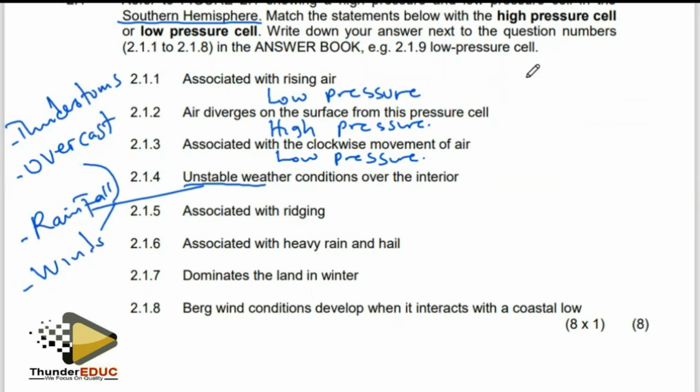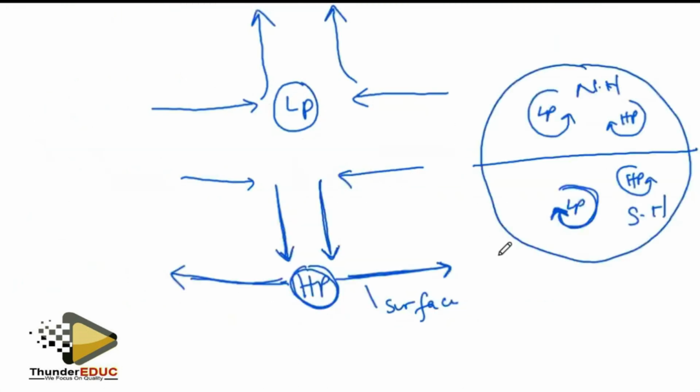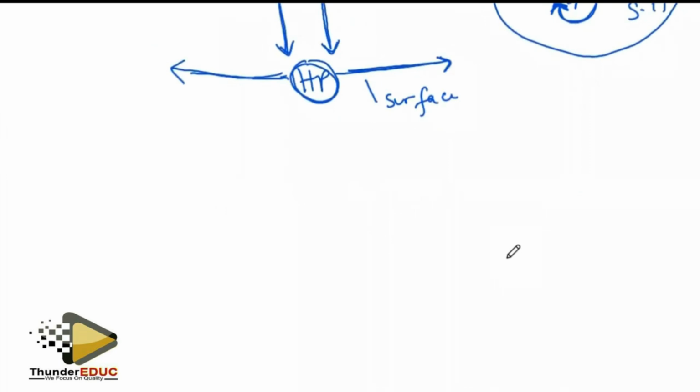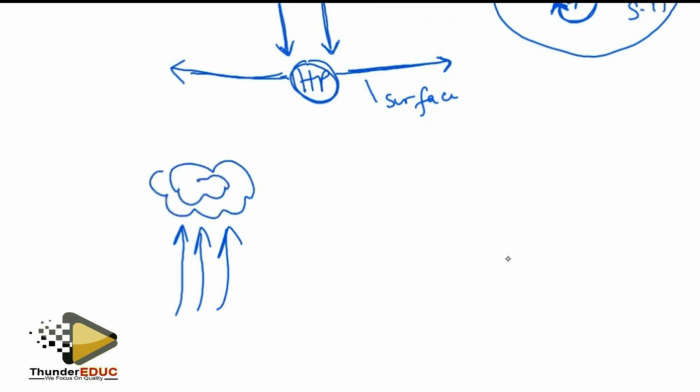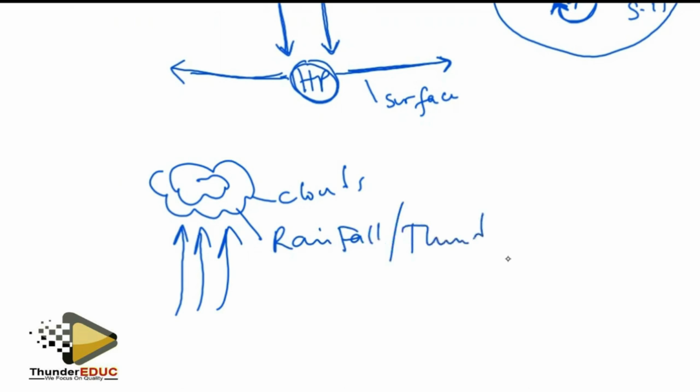Now, how do these develop? We try to illustrate on our blank page. We know that rainfall develops as a result of air ascending. When air ascends, it condenses, forming clouds and as well rainfall, accompanied by thunderstorms. Right? So, does air rise in low pressure cells or in high pressure cells?